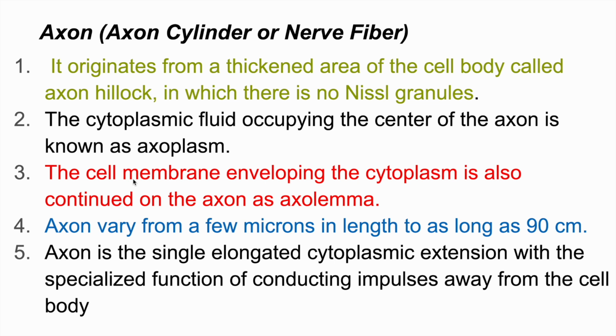The long structure, the second structure, is called the axon. It is known as the axon cylinder or nerve fiber, which originates from the cell body at the axon hillock. In this region, no Nissl granules are present. Cytoplasm in this region is known as axoplasm. Like a cell membrane covering a cell, here the cell membrane covering it is called the axolemma.